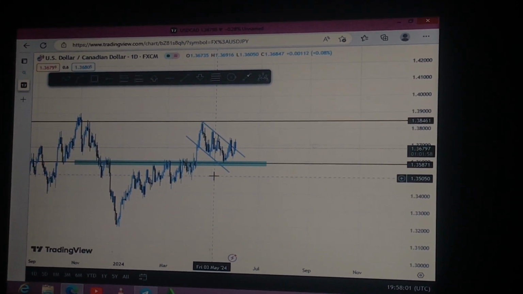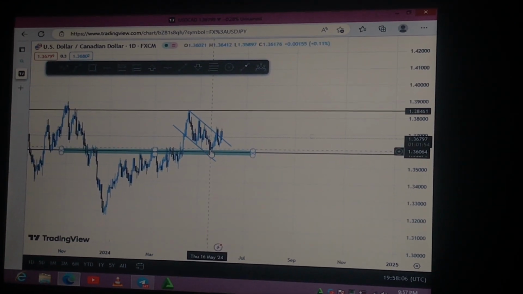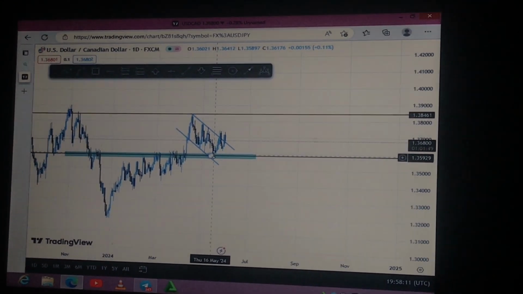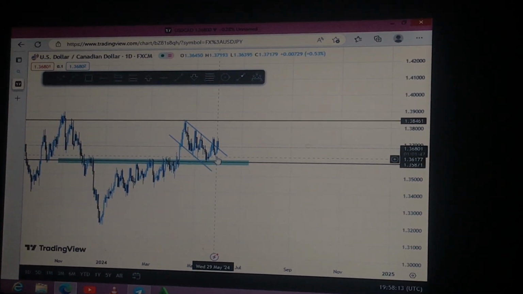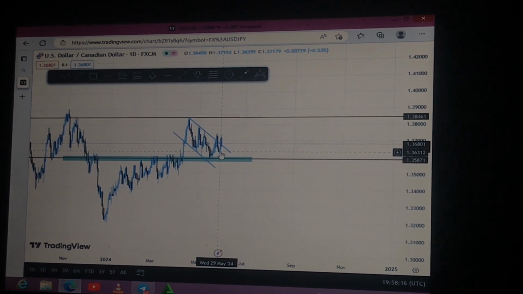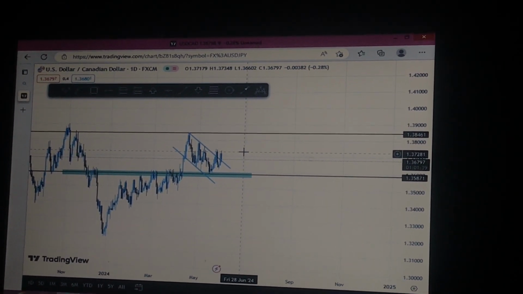As soon as I saw this pattern, I then saw a double bottom. As you can see, this is our first bottom. It came here and rejected, went up, and came back here and gave us a rejection. This is our double bottom. This is a clear indication that we are buying. This is really a strong buy.